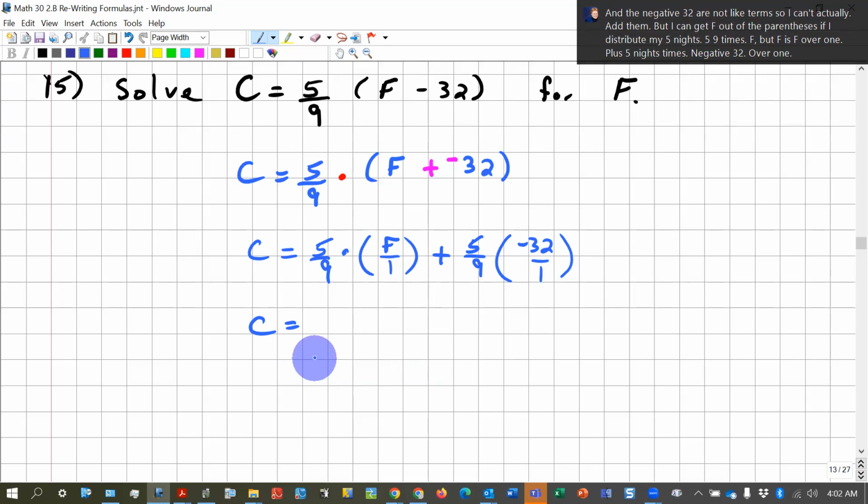So now I can rewrite this equation as C equals 5F over 9 plus negative 160 over 9.